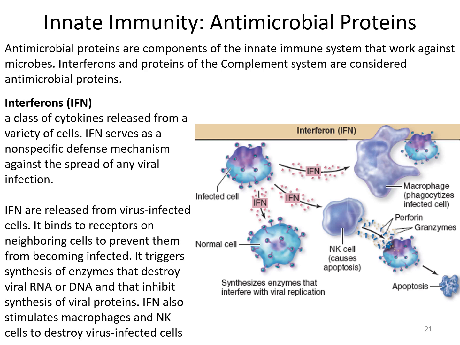So what happens is the interferons get released from a cell that's already been infected by that virus. So in this diagram, here's your infected cell. It's been infected by a virus, and it starts to release interferon. Well, that interferon then travels to the neighboring healthy cells, and it triggers this cell to make enzymes that destroy viral RNA or DNA. So if you remember, viruses propagate by taking over the machinery of the host cell.